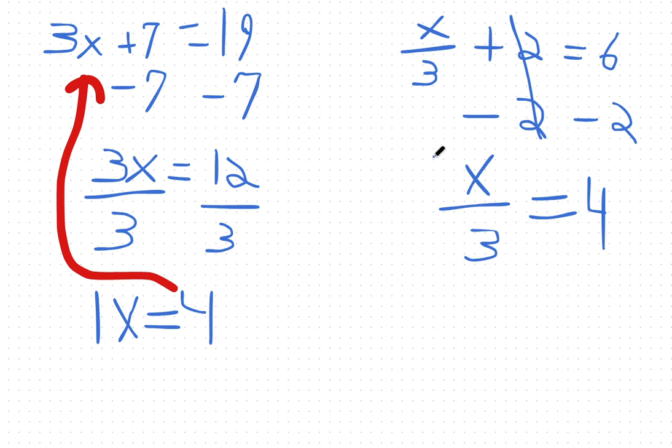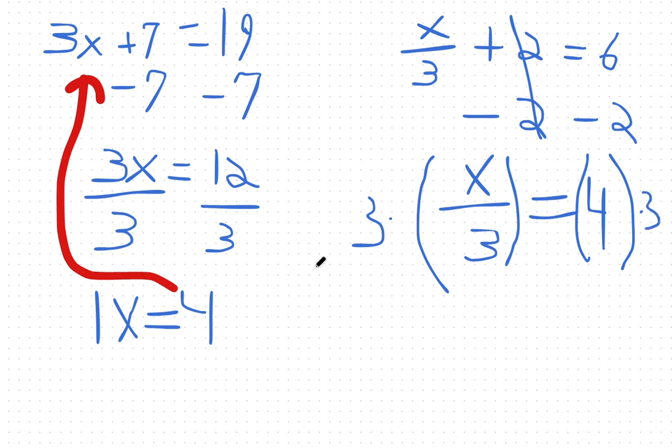We're going to do the same thing to both sides of the equation again. So what we want to do is isolate x. How do we isolate x? We have to multiply by 3 because the opposite of division is multiplication.